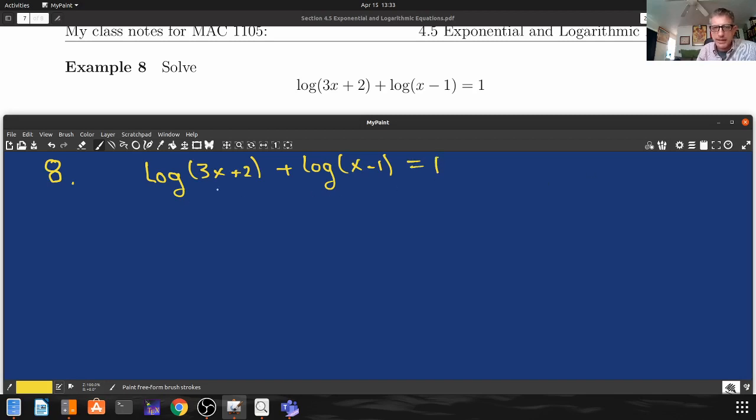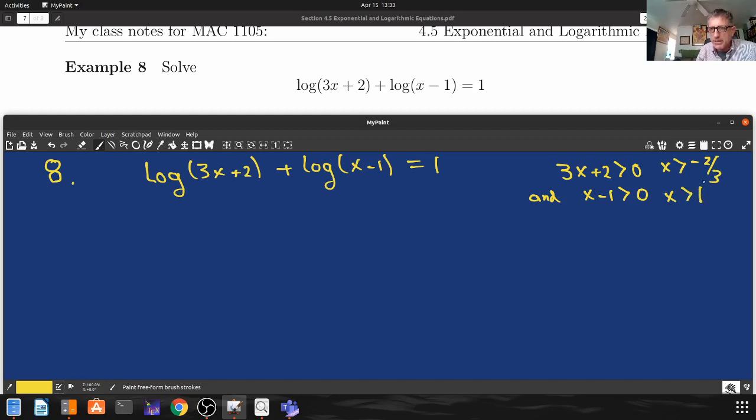So in this case, we have to have both 3x plus 2 greater than 0 and x minus 1 greater than 0. So this implies x is greater than minus 2/3, and this implies x is greater than 1.